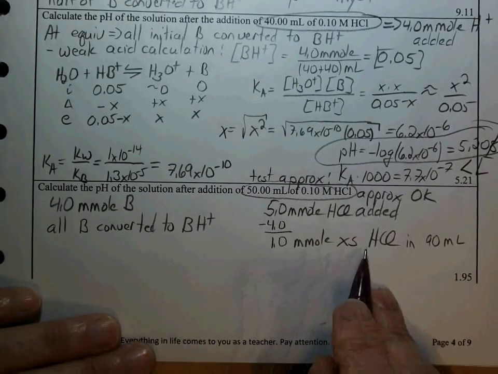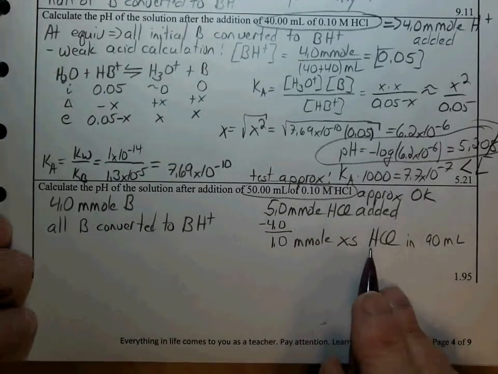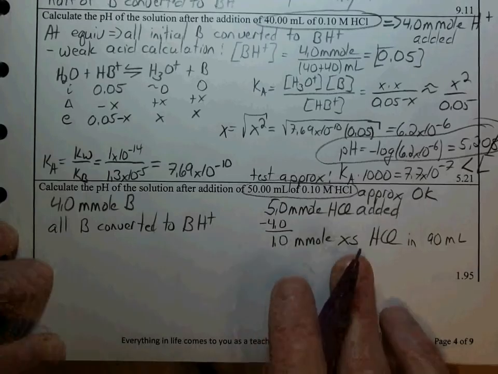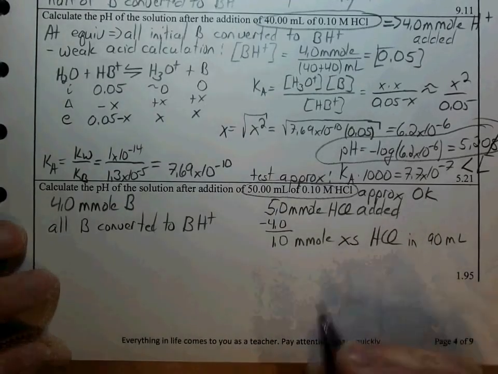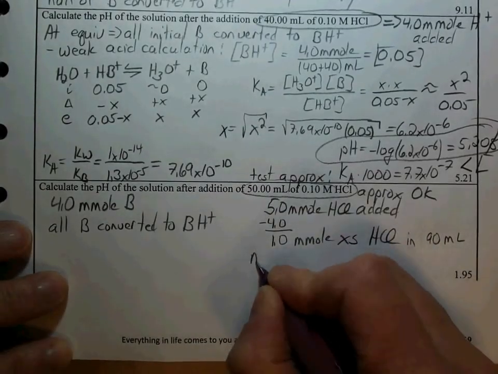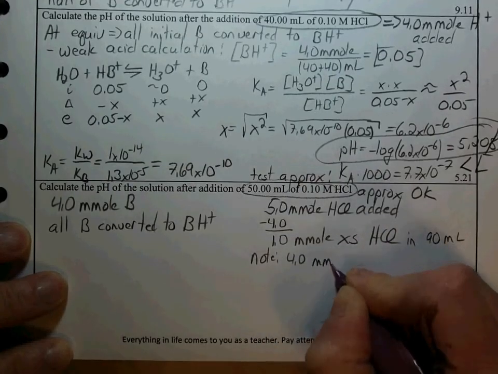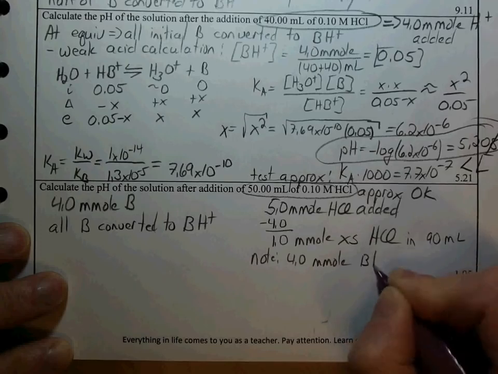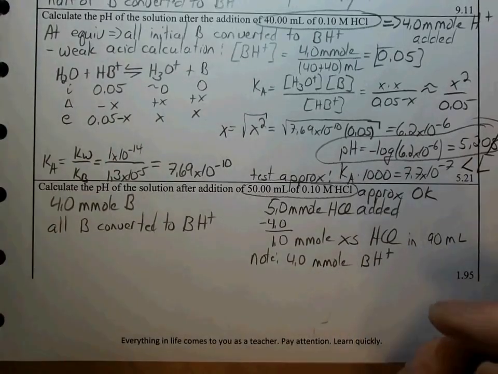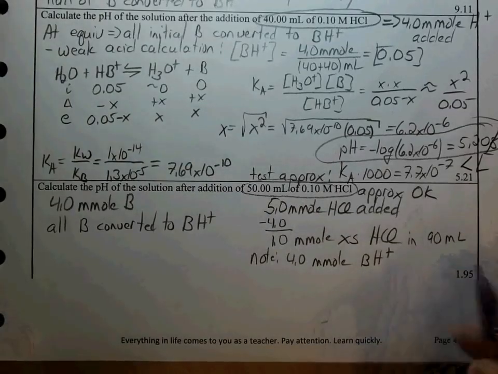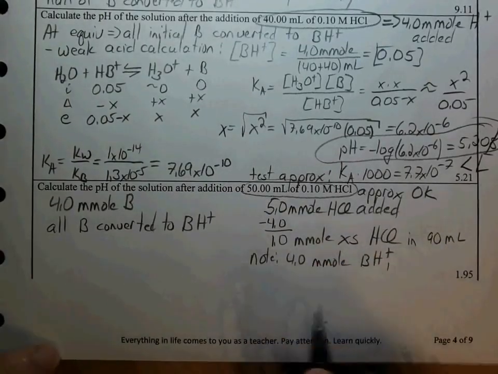Alright, so we have a strong acid in solution, and this is going to be the dominating determination of pH. We still, and we can put that as a note, we still have 4 millimoles of our conjugate acid, but this has little impact.